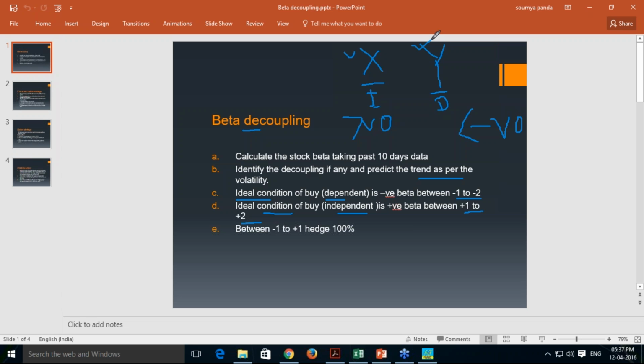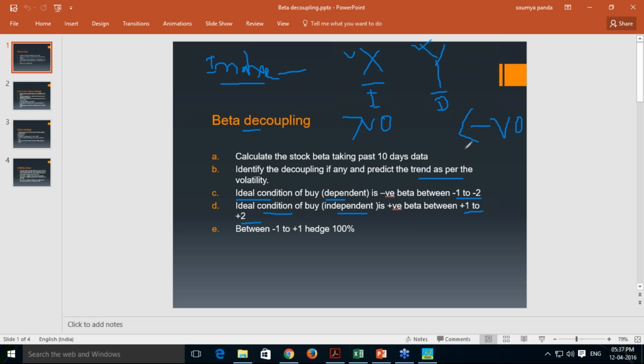Besides that, there is one more rule. The second rule says that whenever you are taking an index and a stock present in the same index, the index will always be independent, because the index does not depend on any particular stock.